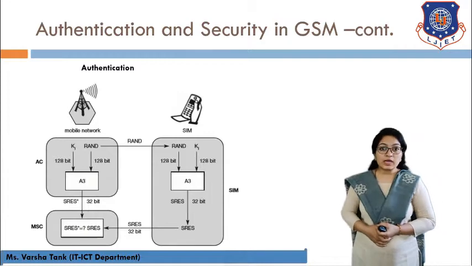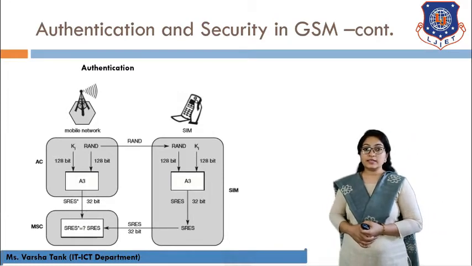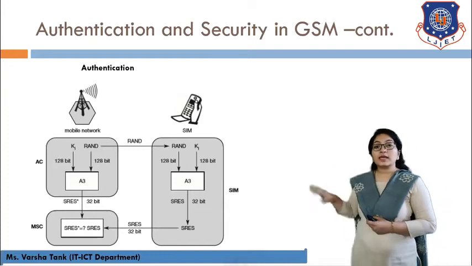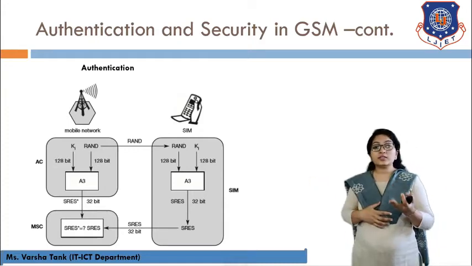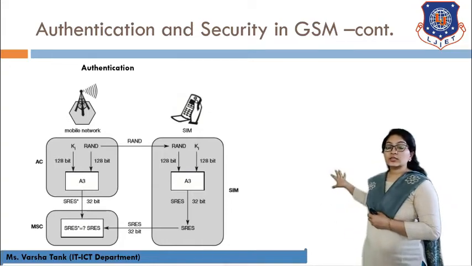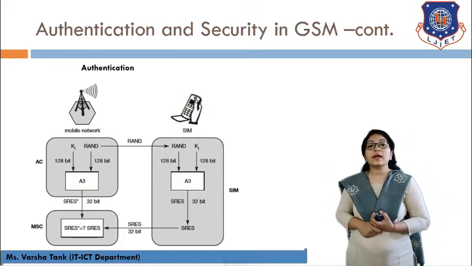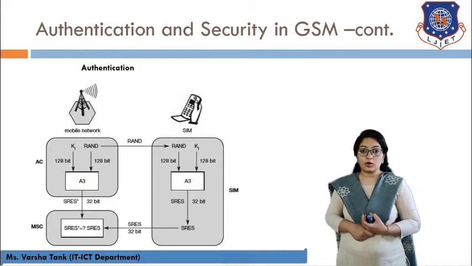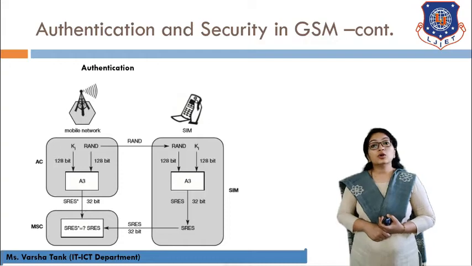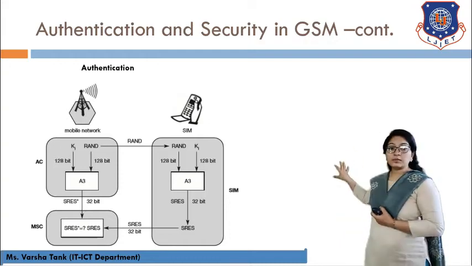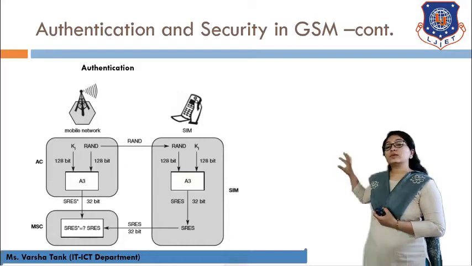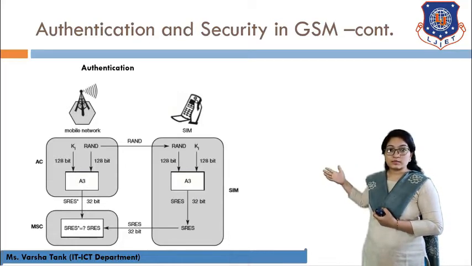Now here you can see how authentication is determined. For the authentication purpose, we have the AC, that is the authentication center, the MSC, that is the mobile switching center, and here your SIM, the subscriber identity module. What will happen when the authentication is done?